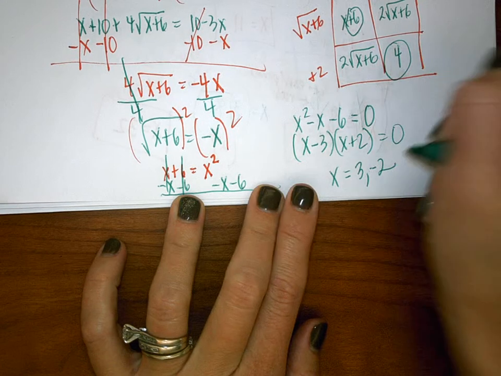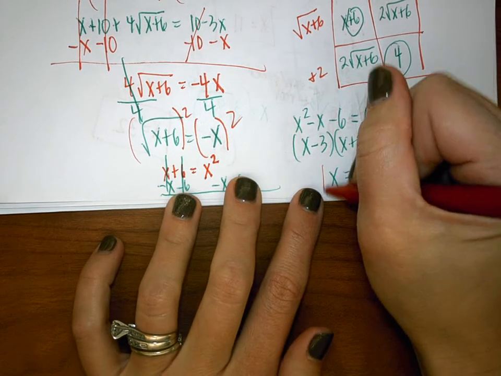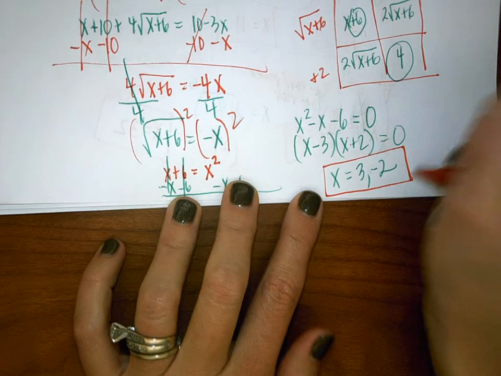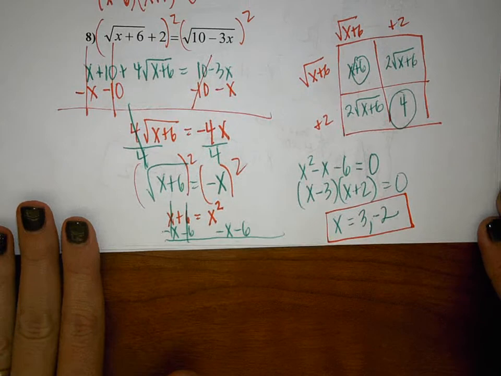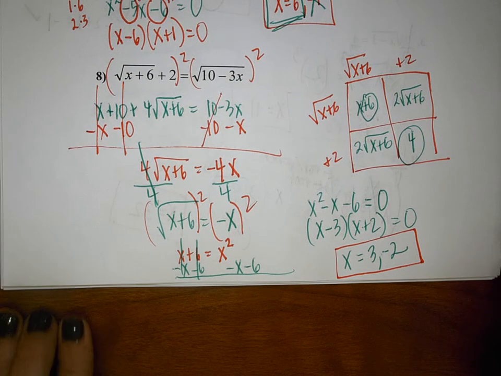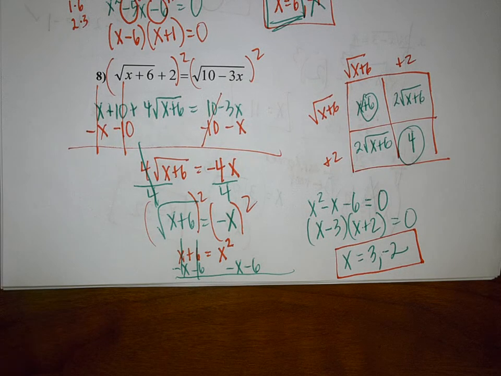But anytime we factor, we should check our answers. Are you guys ready to check? I'm going to do a different color so it's easy to kind of see. Okay.